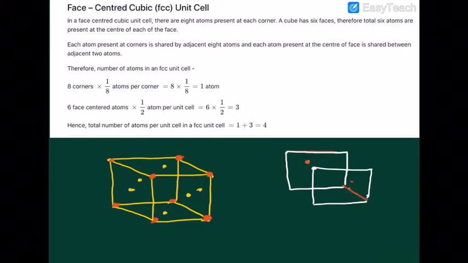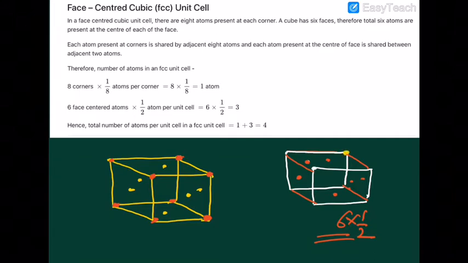Counting 3, 4, 5 and 6, there are 6 different faces, and each one contributes 1/2. And now there is one more.